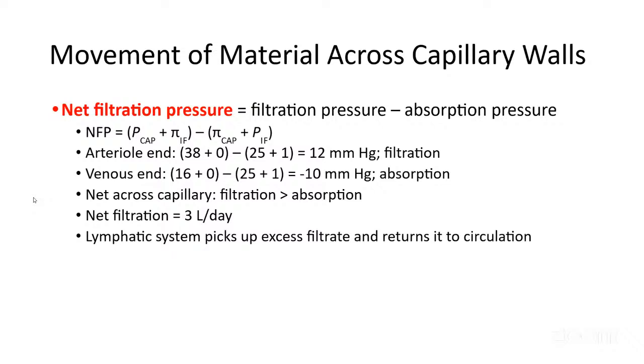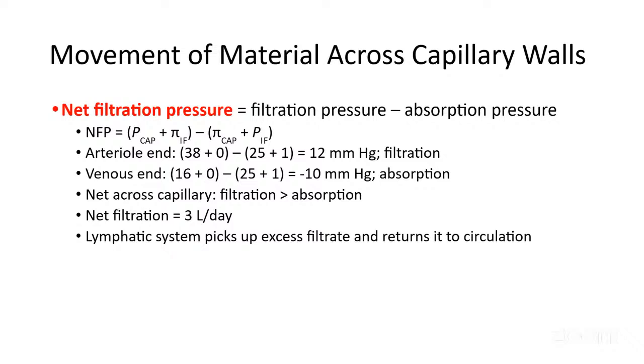Well, let's make sure that we have this all out in bullet points for ourselves. All right. So what you just saw was our calculation for net filtration pressure. So all we have to do, right, is identify our forces for filtration, that out direction, versus our forces for absorption, that in direction, and then add them all up.